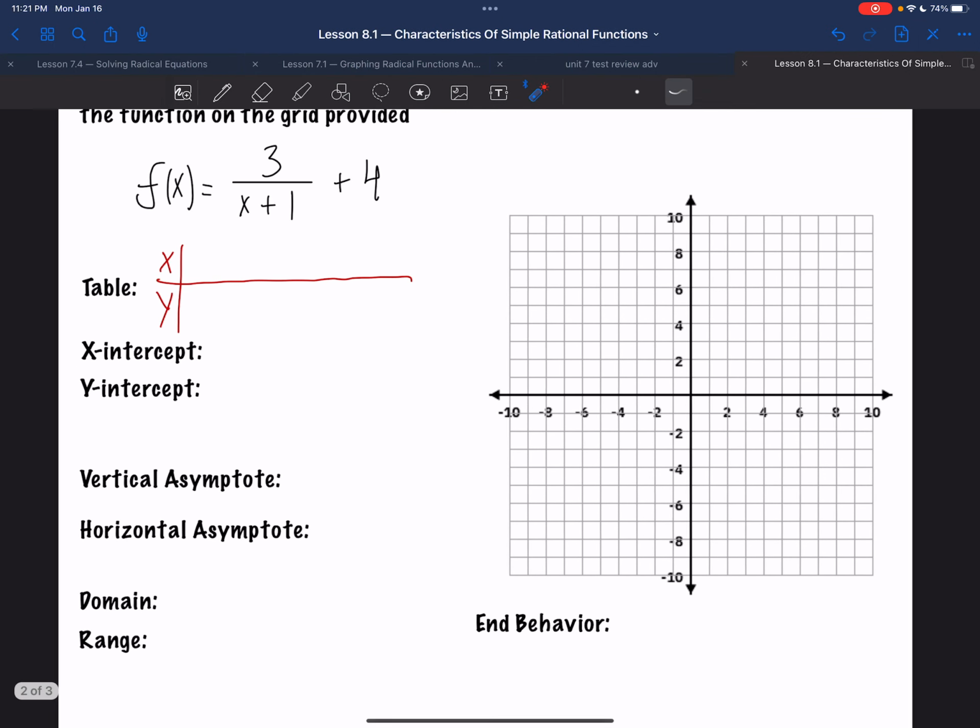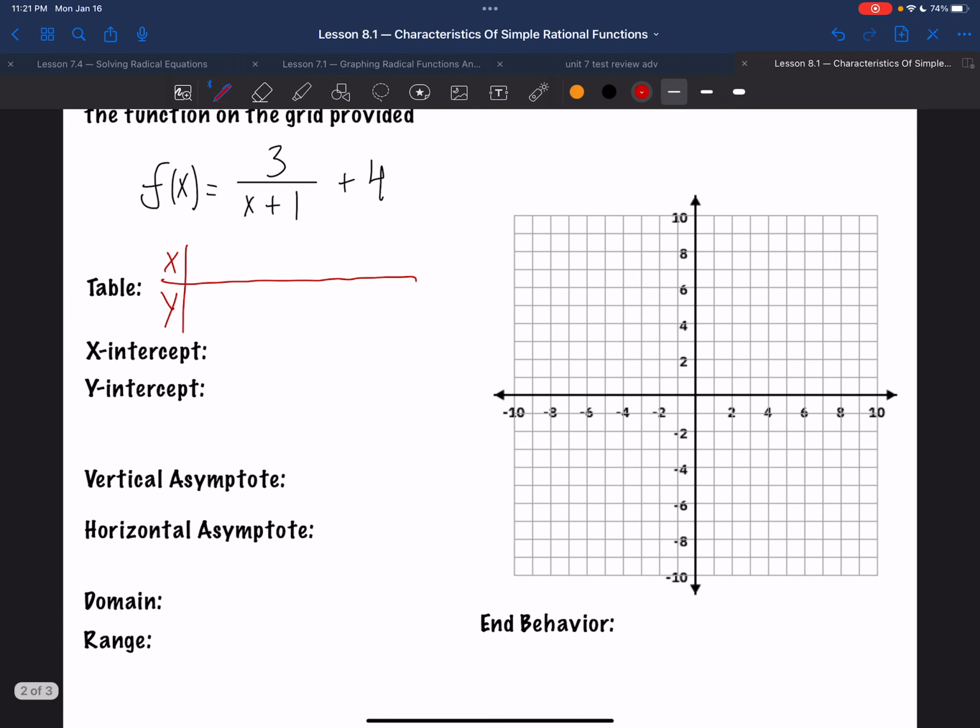So x plus 1, well, that's a shift left. So this shift left 1 just means that your vertical asymptote is x equals negative 1. And then the horizontal asymptote, well, this is a shift up 4. So your horizontal asymptote is y equals 4.